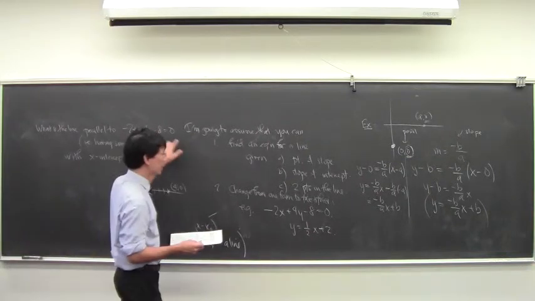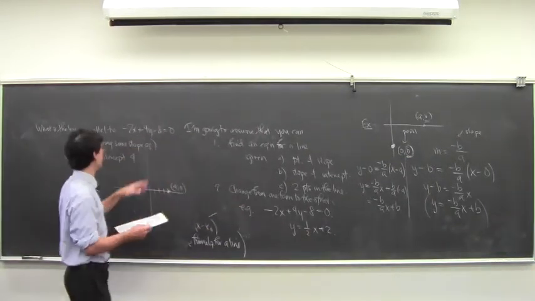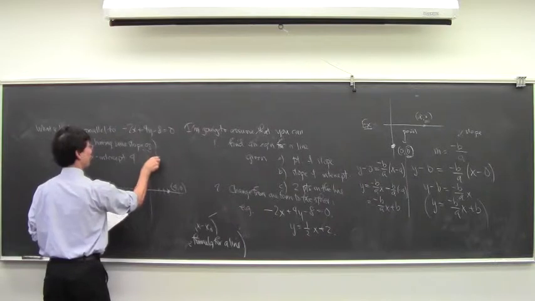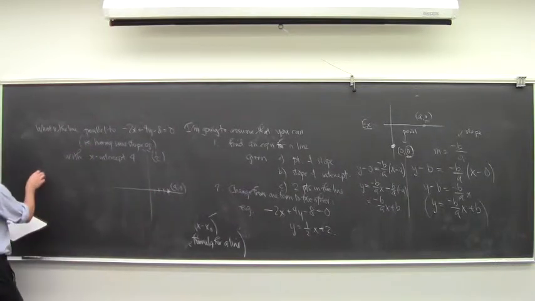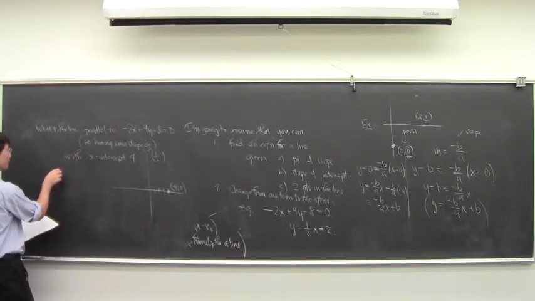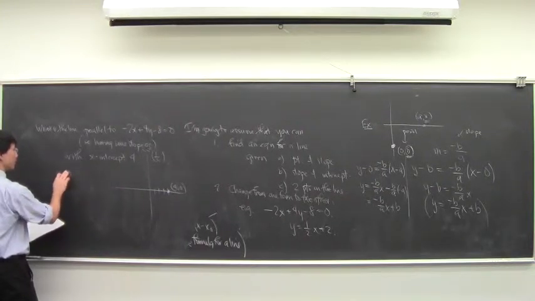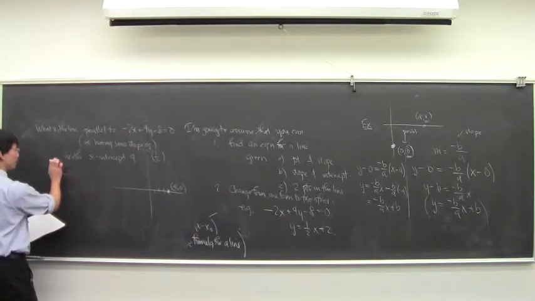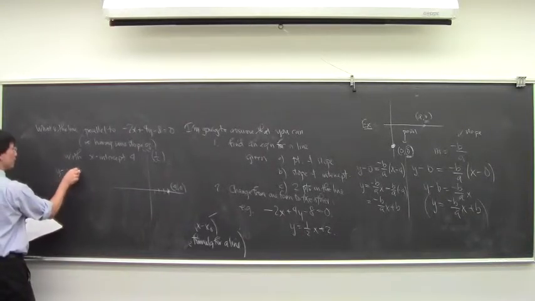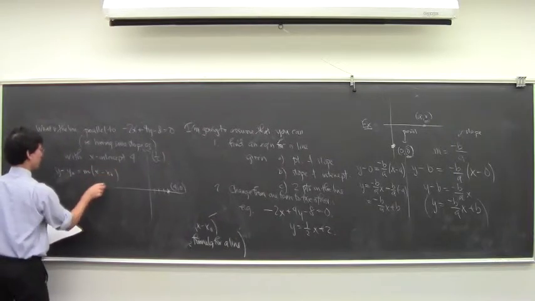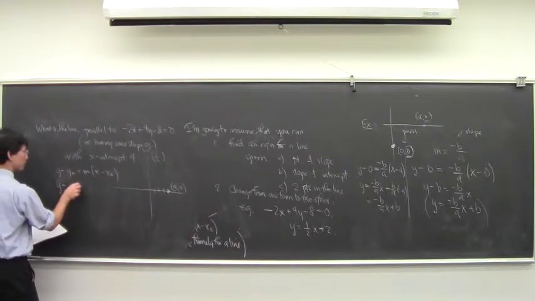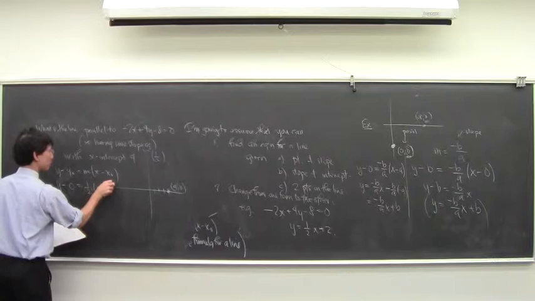We already worked out the slope earlier. Then you plug in 4 for x and 0 for y. So y minus 0 is equal to 1/2 times x minus 4.